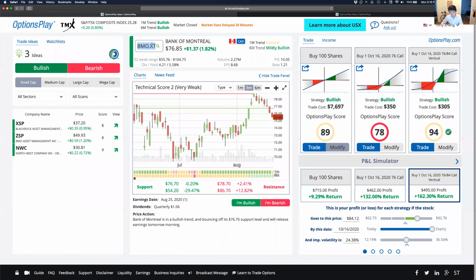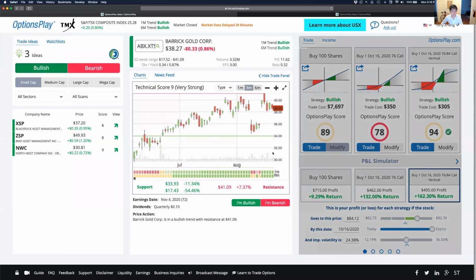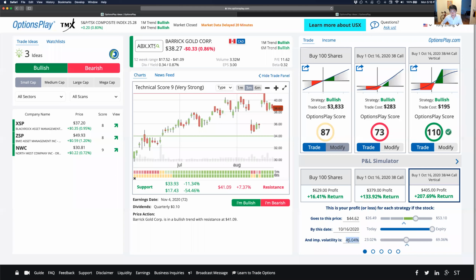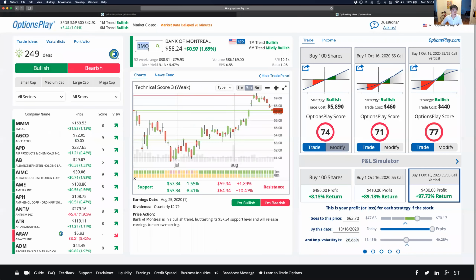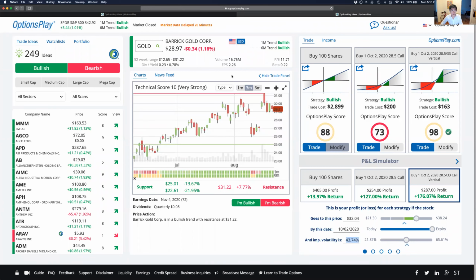If we look at something like Barrick Gold, that's another one to look at. Barrick Gold is trading at 46% on Canada. I forget what the symbol for Barrick Gold is in the US, oh, it's GOLD, trading at 43%.